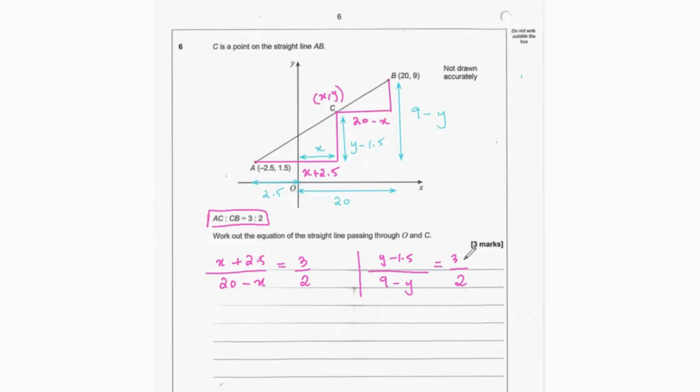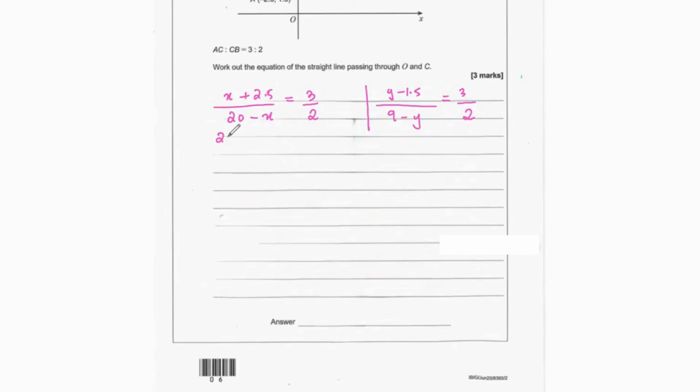Now we solve these two equations separately to find the value of x and y. Cross multiply. 2x plus 5 equals 60 minus 3x. 2x plus 3x equals 60 minus 5. 5x equals 55. x is 11.